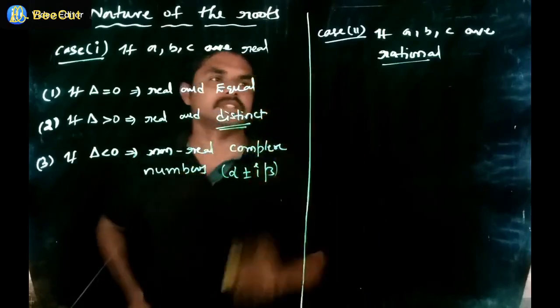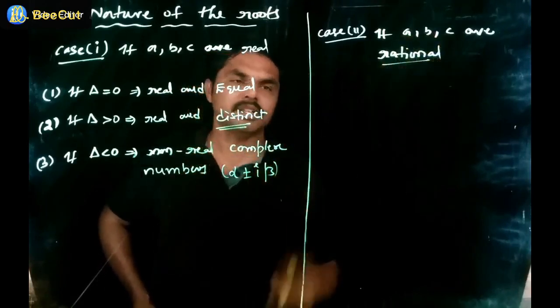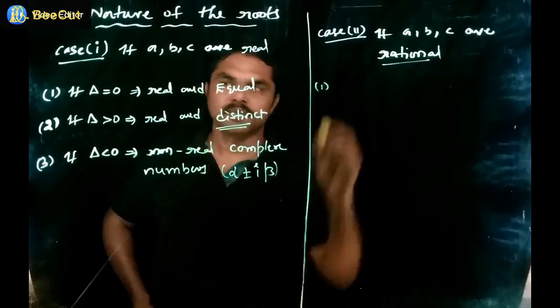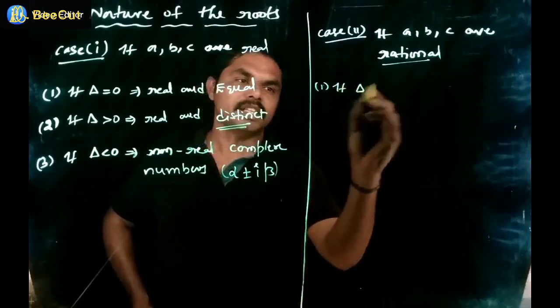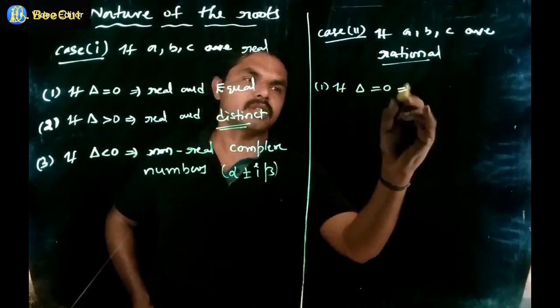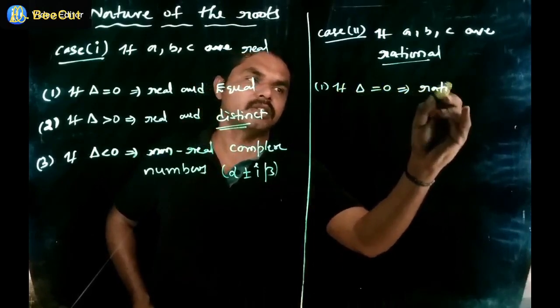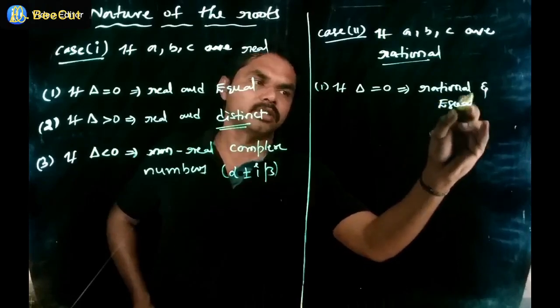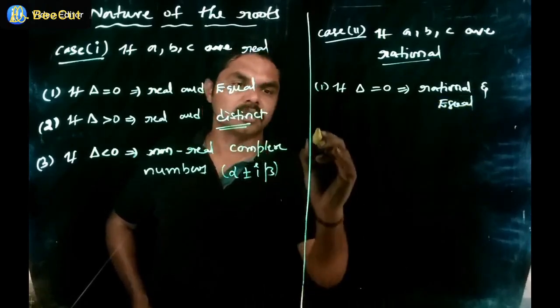Now come to the second case. Here a, b, c are rational. Here also we have subpoints. First point, if delta equal to 0, roots are rational and equal. See the difference: rational and equal.